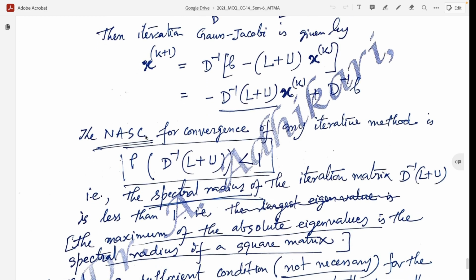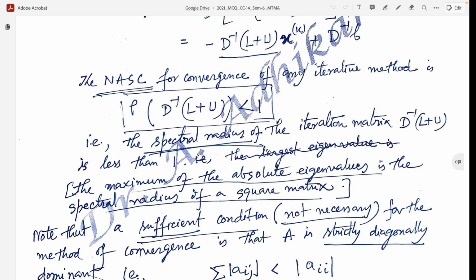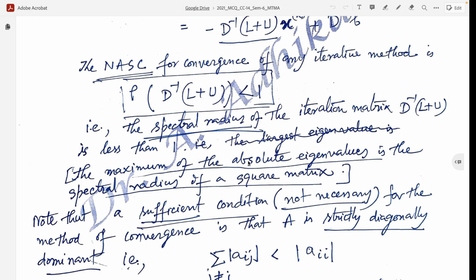The necessary and sufficient condition for convergence of any iterative method is that the spectral radius of the iteration matrix D inverse (L plus U) is less than 1. The maximum of the absolute eigenvalues is called the spectral radius of the square matrix.